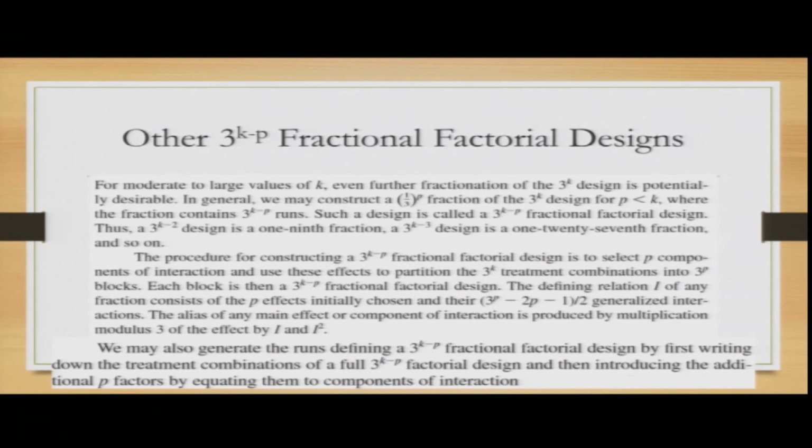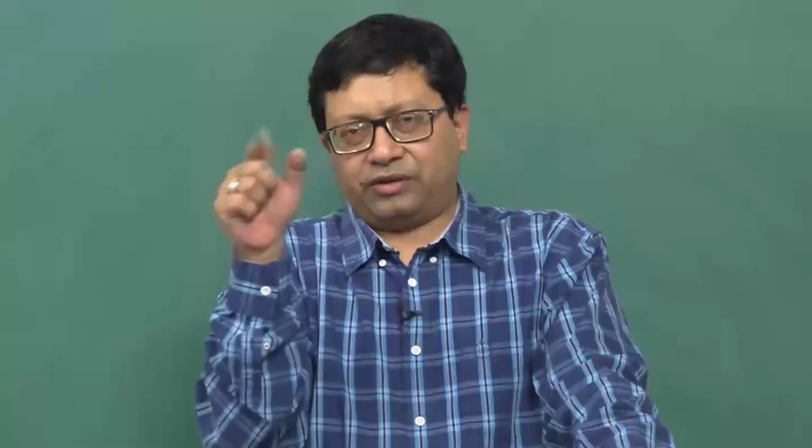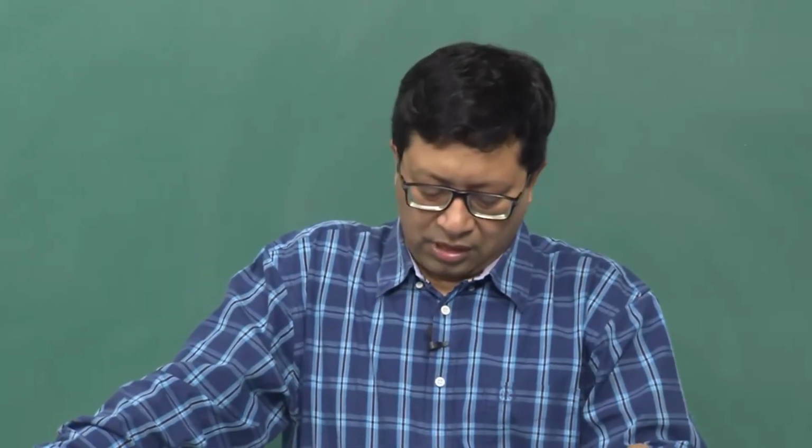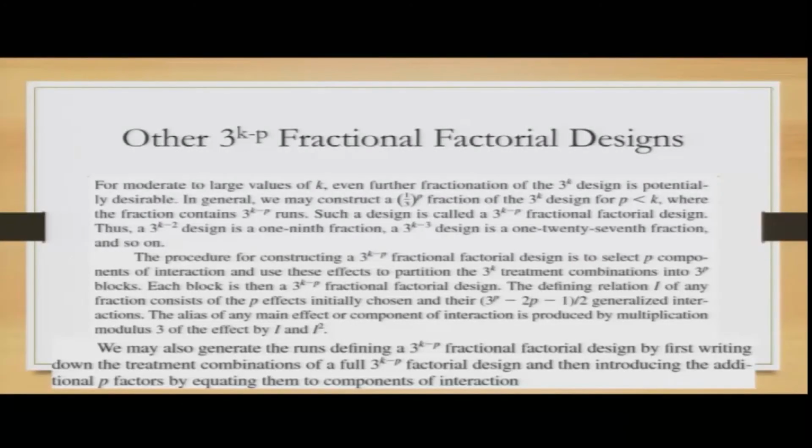So you have basically (3^p - 2p - 1) divided by 2, so you can find out how many blocks and how many variables are there, such that the number of blocks multiplied by the number of variables in each block would give you the total number of observations which you have.